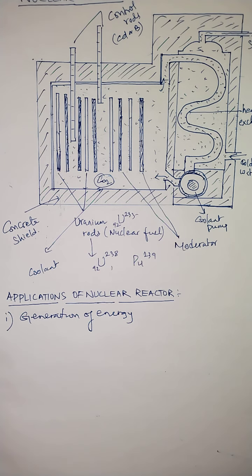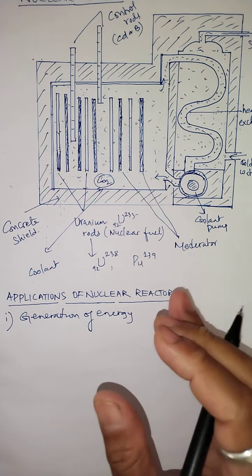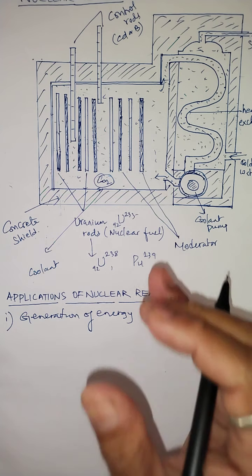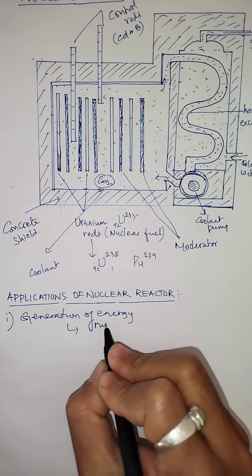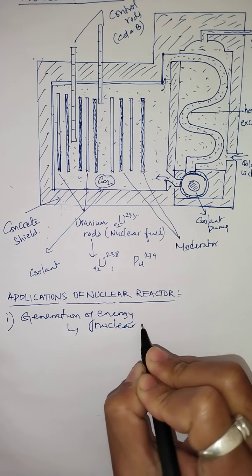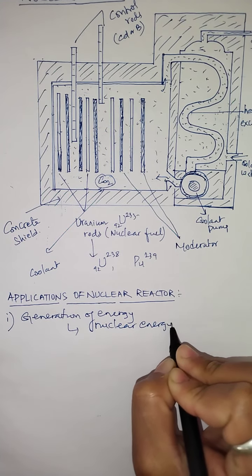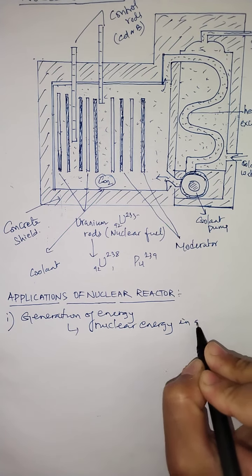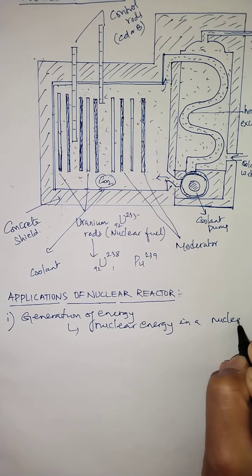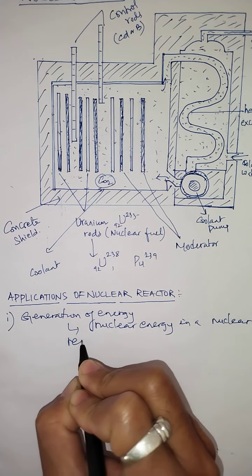That means the energy produced in a nuclear reactor is used to run an electric generator. That's why nuclear energy in a nuclear reactor is converted into electrical energy.